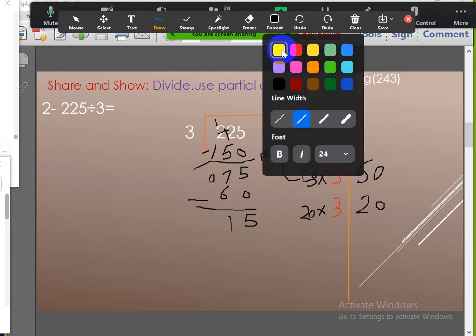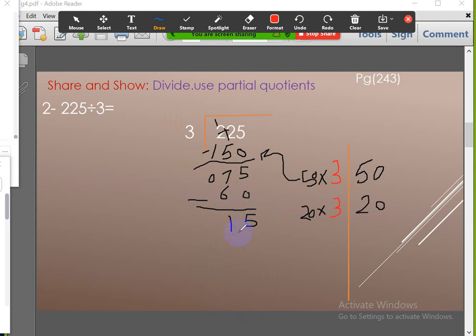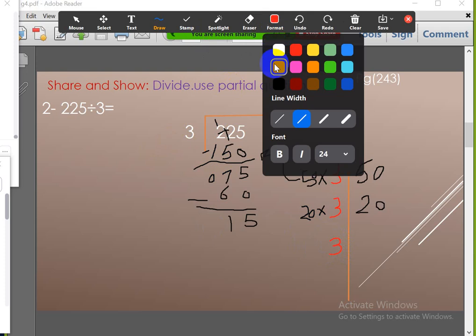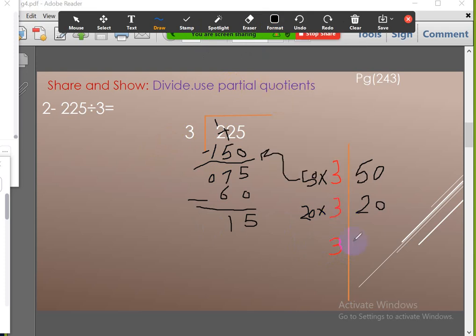Can I divide it by 3? Yes, of course. 15 is greater than 3, so I can divide it by 3. So I will take the divisor and choose a number, multiply it with 3. Which number will I multiply with 3? The answer will be 15.